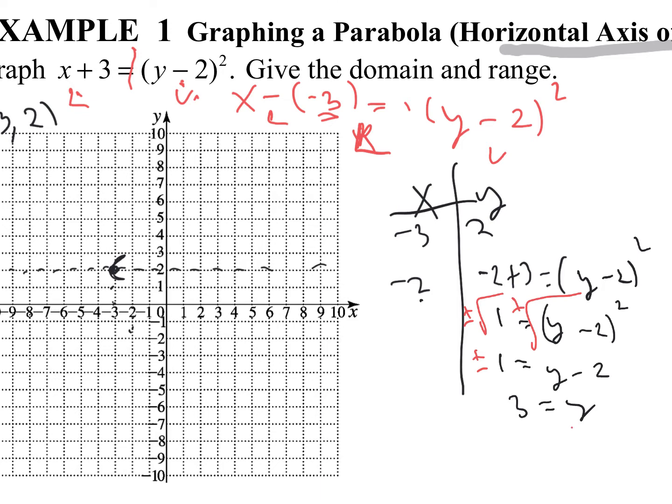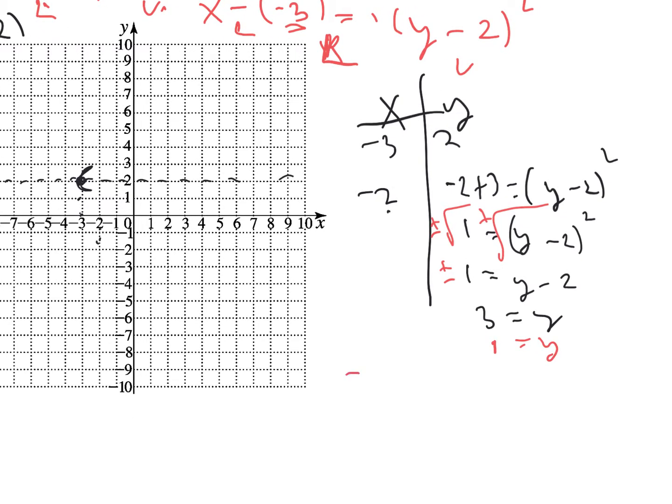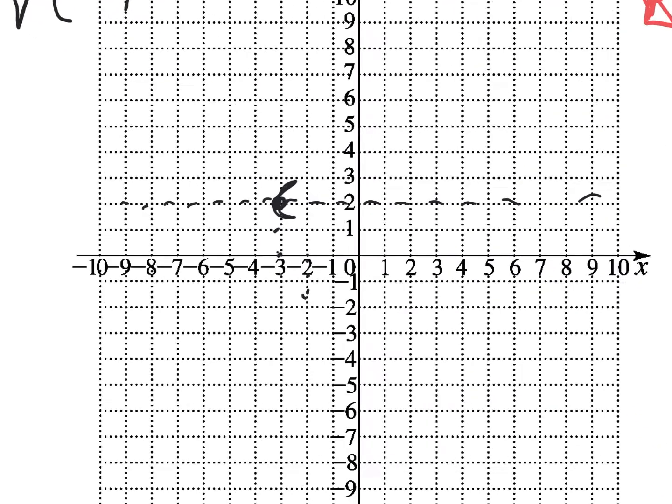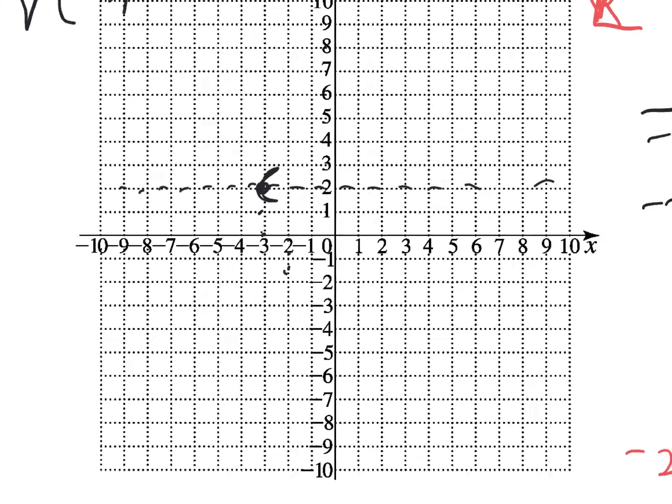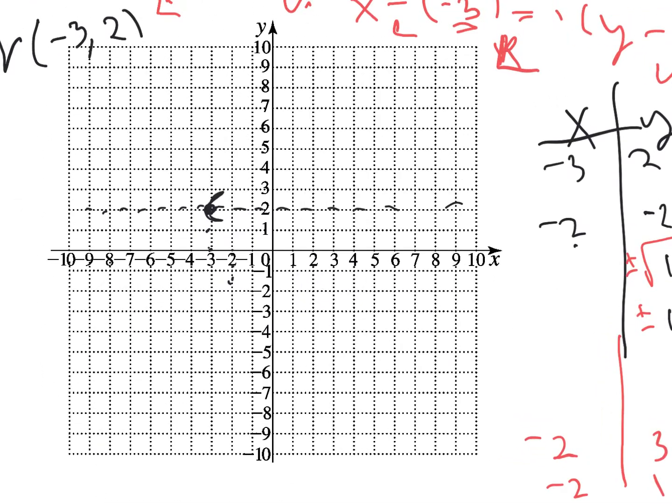I also have y is, if it's a negative 1, negative 1 plus 2 is a 1. So I have that negative 2, 3. So I have the negative 2, 1. So let me put those there. Negative 2, 3. Hey, it's almost right there, perfect. And negative 2, 1, almost perfect.